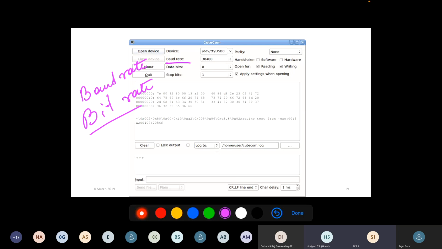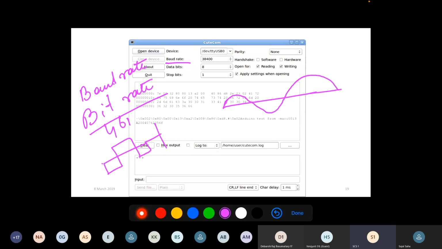Exactly. Very good. So actually, bit rate is basically how many bits are going per second. And baud rate is how many signals that are carrying those bits are going per second. Suppose bit rate is 4 bits per second, 4 bps.